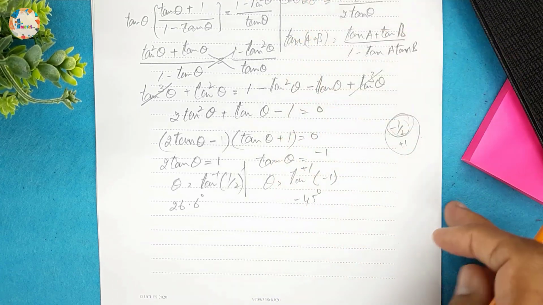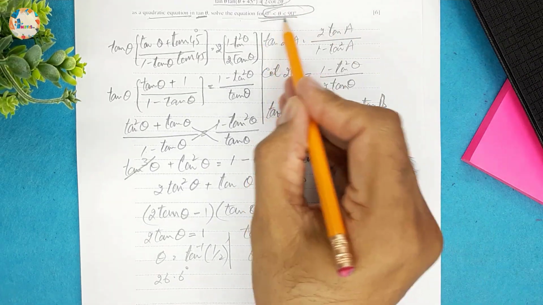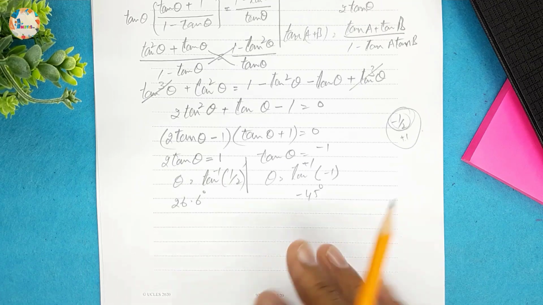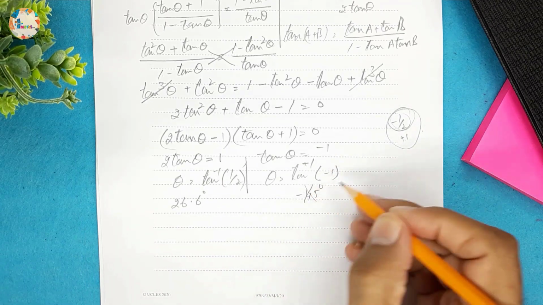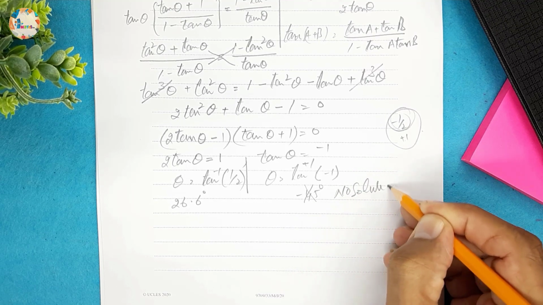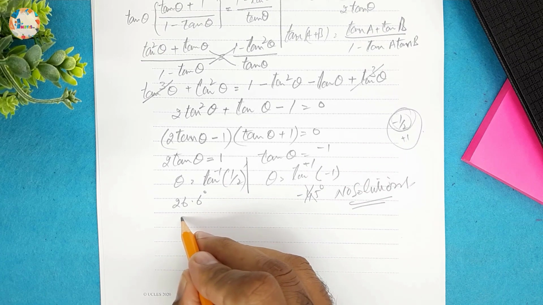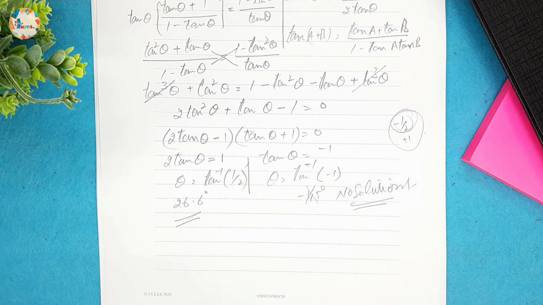But as our range is from 0 to 90 degrees, minus 45 is out of range, so we will write here no solutions for this part, and this part will be our final answer. Hopefully you understood this.